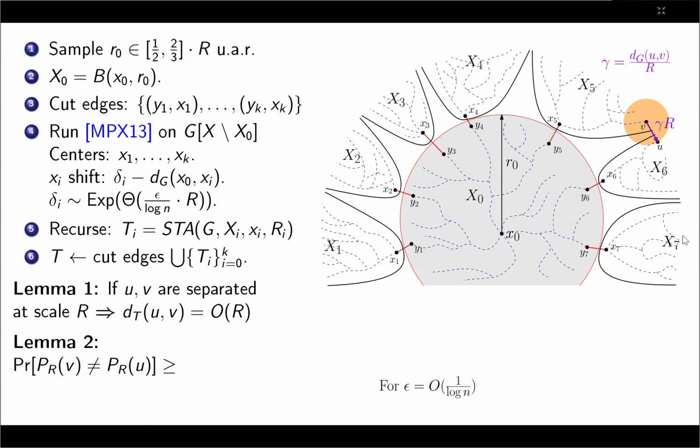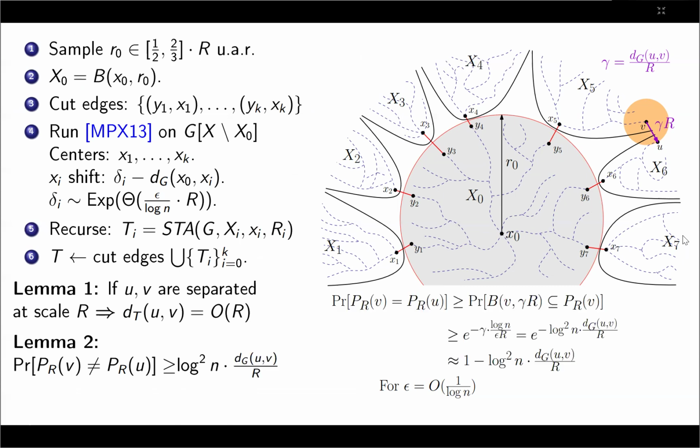So the probability that this entire ball, well, we care about u and v here, but the MPX promises that the entire ball, when we take gamma to be like distance over r, is in a single cluster, with probability gamma times the padding parameter. And the padding parameter, basically it's log n, but because I have this epsilon here, it will be log n over epsilon.